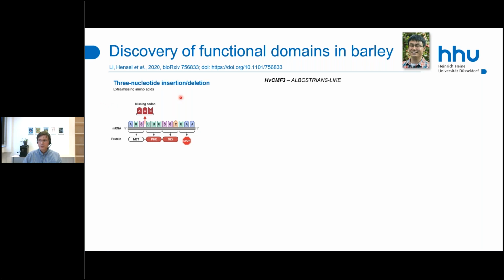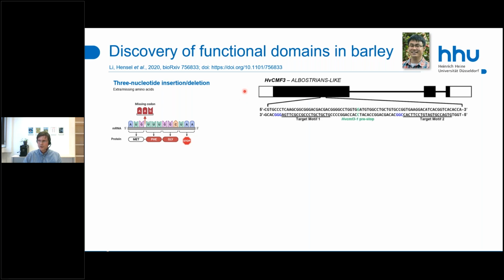Again, we studied the homologous gene of albostrians, which is the CMF3 gene or albostrians-like gene. And here the group of Niels Stein had also one tilling mutant, which has a stop codon, and we also selected guides which are in close vicinity to this.